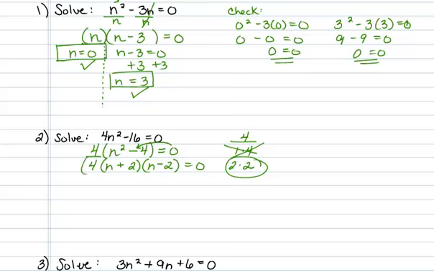Now the same thing goes as all of these. 4 equals 0. Does that make sense? No. It made sense when we had n equals 0, but 4 equals 0, we're not going to even bother with it. We're just going to work on n plus 2 equals 0, n minus 2 equals 0.